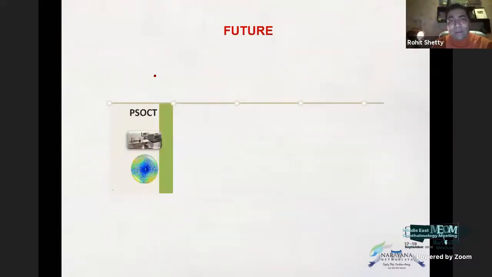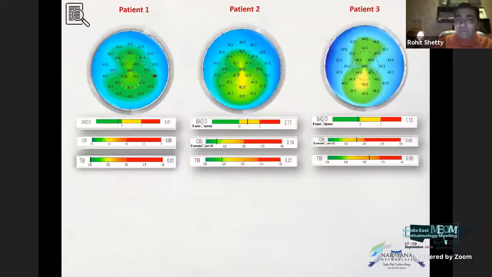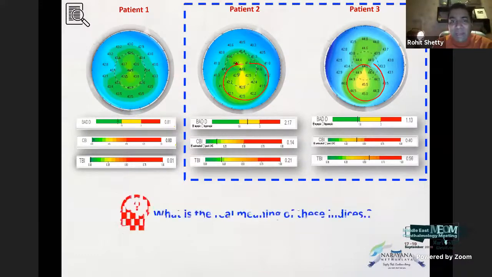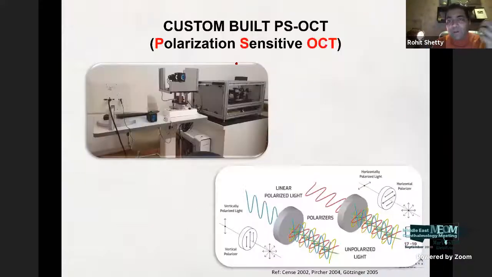What are the futures? A few slides on it. I think we need to build new tools, new topographers, new tomographers to understand these kinds of corneas. We don't know whether they are biomechanically strong or weak. So what do we do with them? Because at this point of time, none of the machines really tell us. So we worked with a group from Vienna.